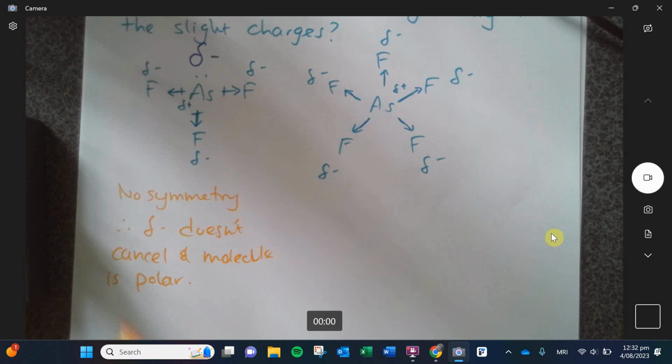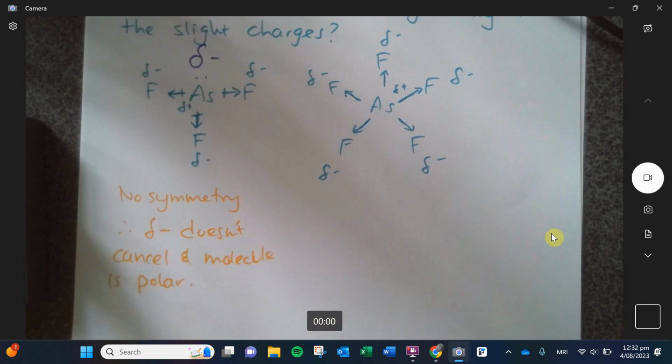The slight negatives don't cancel, and so my molecule is polar. So in this case, I'm referring to the polarity of the molecule, not the bonds.